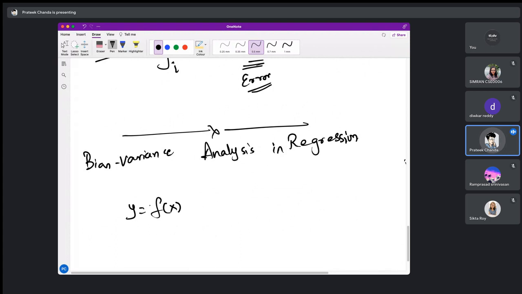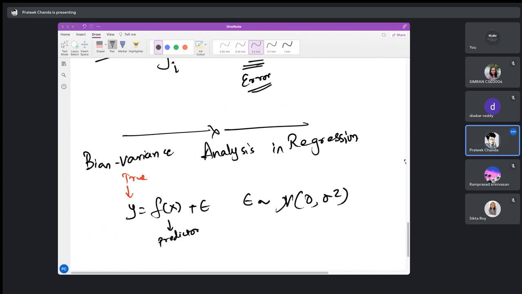No, let's say my true function is y, and this is actually my predictor. I'm changing some notation here to stick to the original regression problem, plus some epsilon. Epsilon we assumed comes from a Gaussian distribution. So my underlying function y is actually my prediction plus some noise.